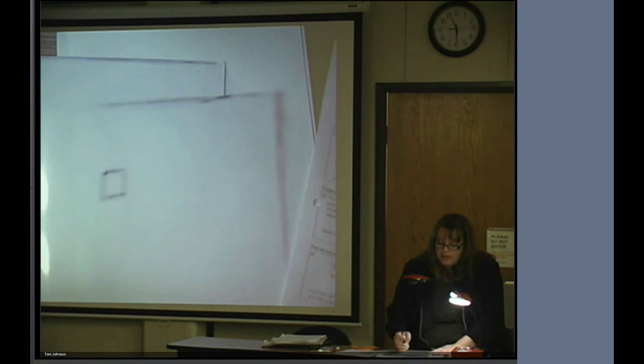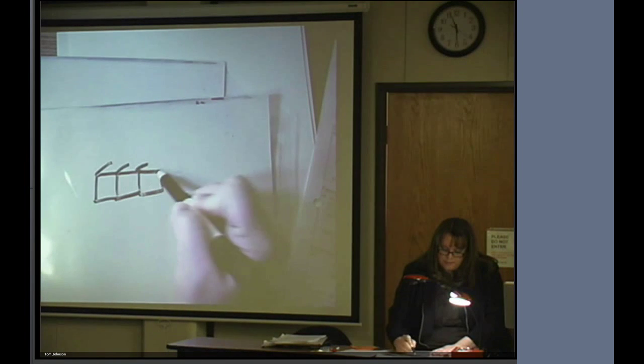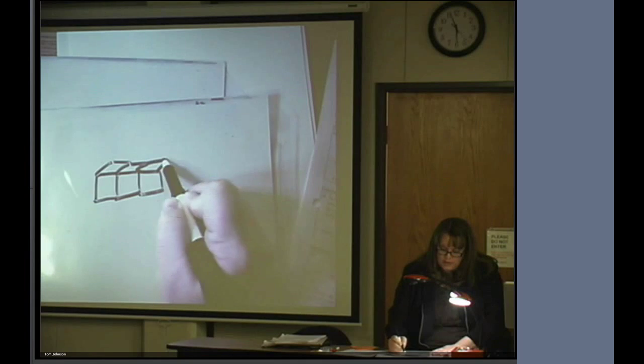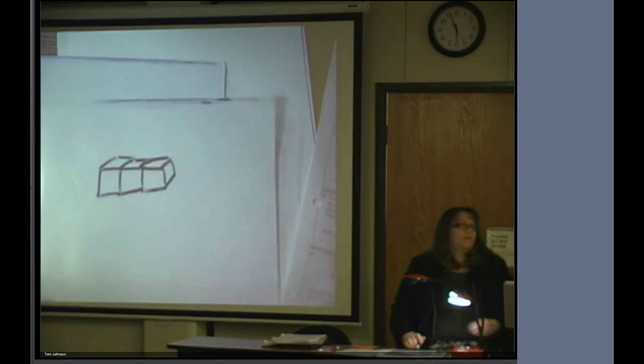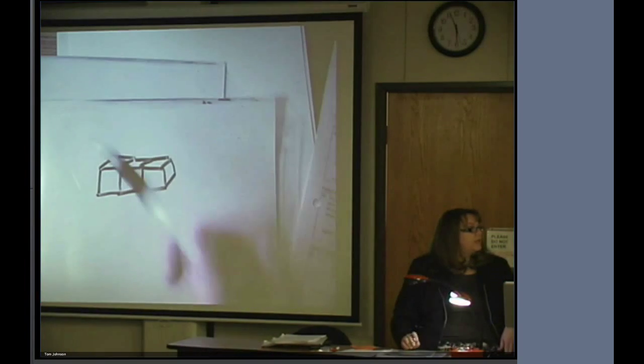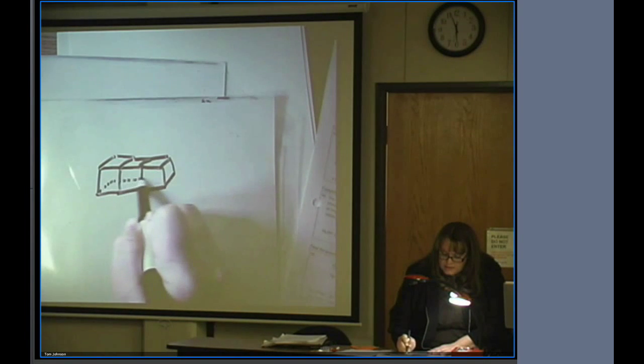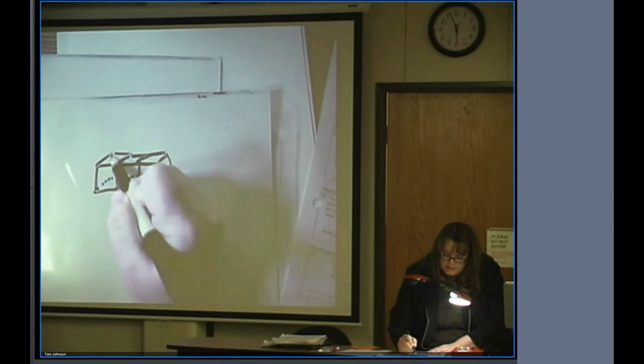So this is a cube. So I'm going to super glue 3 of them together. So we can see the fronts and the tops. And then if I put in some invisible lines here, we can see the bottoms and the backs.